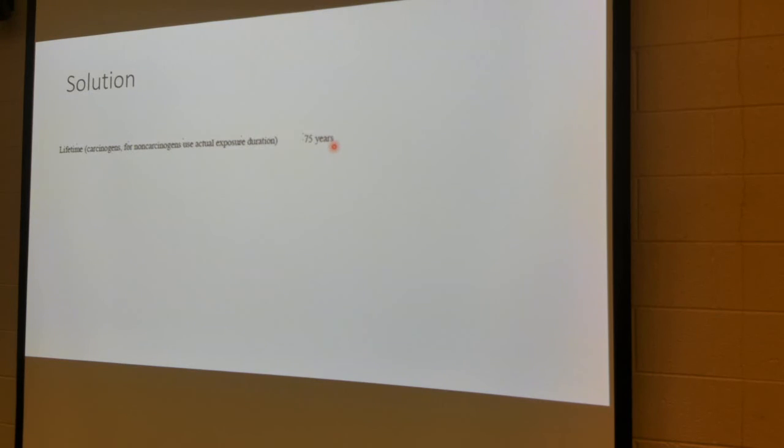CW is the chemical concentration in water, and EF is the exposure frequency, how many days this woman drinks water. We assume that she drinks the same amount of water every day, containing this chemical concentration, 0.007 milligrams per liter.